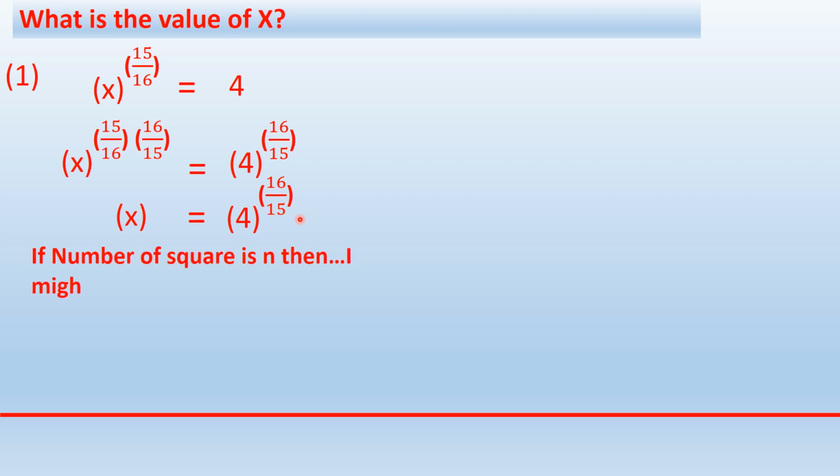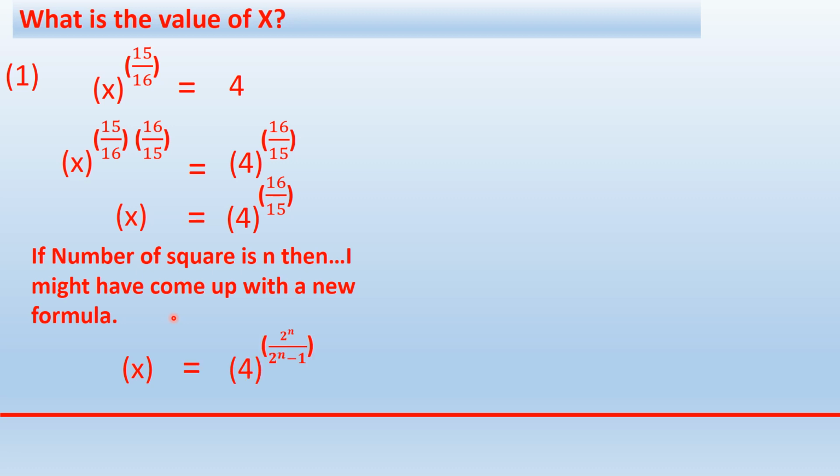Now, to simplify this, if the number of squares is n, then I might have come up with a new formula. I don't know whether it is there somewhere, but when I was trying to do things, this has come up. So we can say x is equal to 4 to the power of 2 to the power of n over 2 to the power of n minus 1.